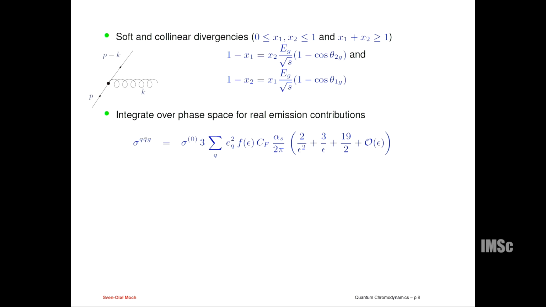You directly see the nature of the singularity, because you see now that 1 minus x can vanish when the gluon energy becomes soft, so when the gluon has vanishing energy. So this is the soft singularity which is hidden in this expression. And the other singularity is collinear, namely when 1 minus cosine theta vanishes. This is the collinear singularity. Likewise, we can do it for the 1 minus x2 singularity.